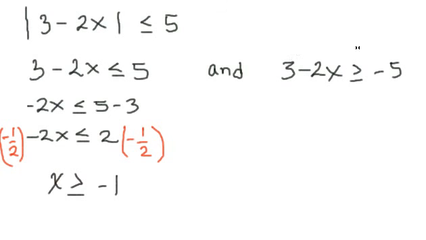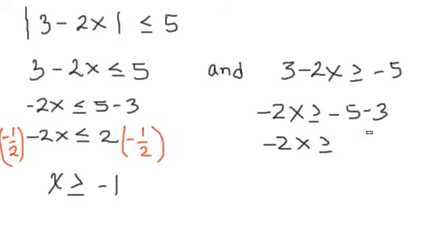So I take the 3, I bring it over to the right, so we end up with negative 2x is greater than or equal to negative 5 minus 3. Now we're going to simplify this down a little bit. We have negative 2x is greater than or equal to negative 8. Now I'm going to multiply through by negative a half to both sides, just like I did here.